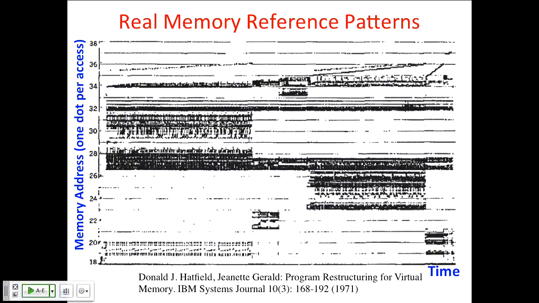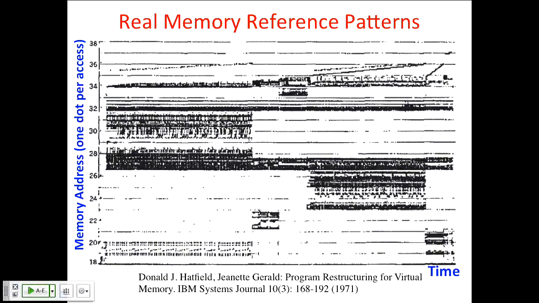So just as the program's running, we're plotting something. And what we're plotting on the y-axis is memory address. So these are different regions of memory, and every single dot on here represents a memory access by the processor. So every dot says at this point in time, this processor accesses this memory location. Okay, so it's just a scatter plot that's maintained over time.